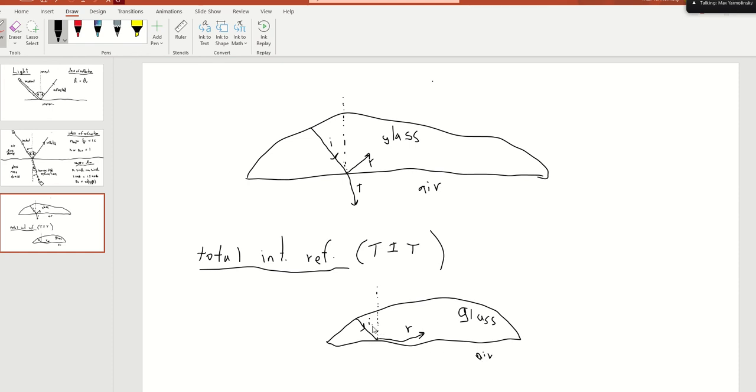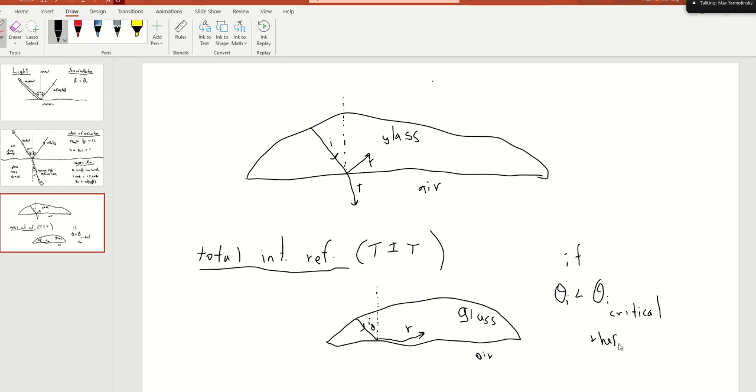At a certain incident angle theta, there's a certain critical angle, theta I critical. If theta I is more than this critical angle, no light will be transmitted into the air. As long as the incident angle is less than theta I critical, there is transmission into the air.